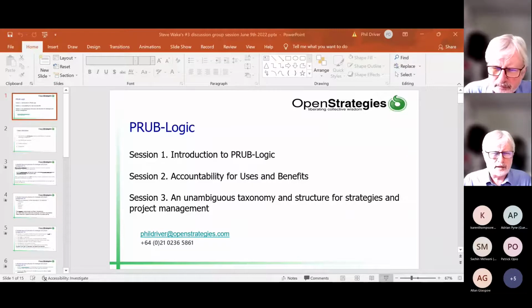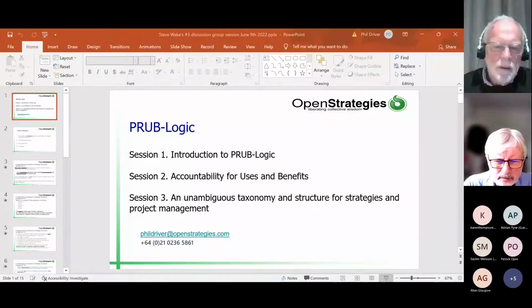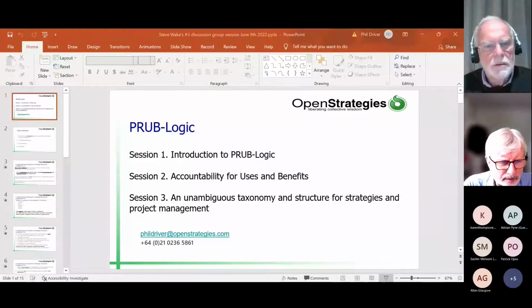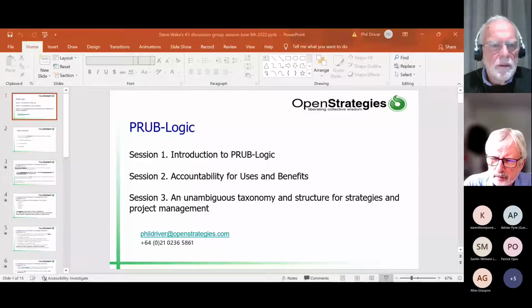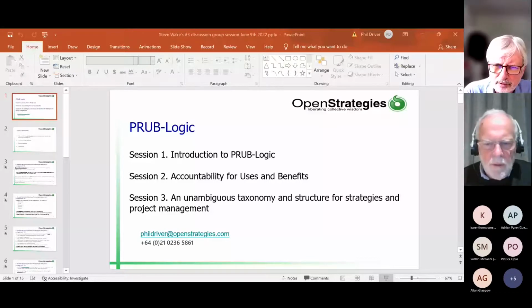Karen's got a hand up. Phil, Karen? Yeah, I'm not sure whether everybody else is in the same position, but my screen is stuck on your first slide, Phil. We haven't progressed. Are you progressing them? I am. Is everybody else stuck? Yeah. I'm stuck as well. Okay, it looks like everybody is. Do you want to maybe unshare and reshare?